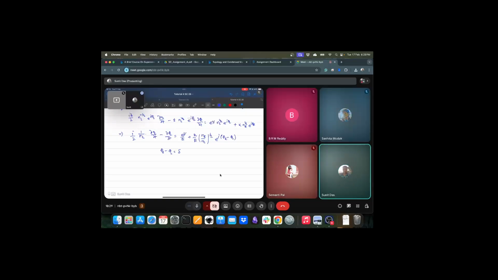Okay. Now this equation, let's say equation 5, has two parts. One is the real part, and then there is also the imaginary part, right? So the real part will also come from here and here.